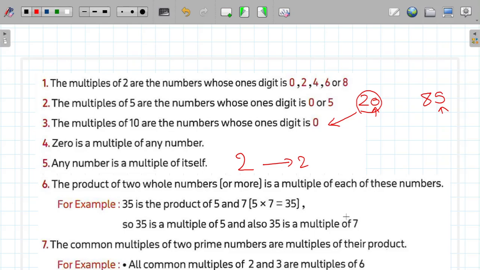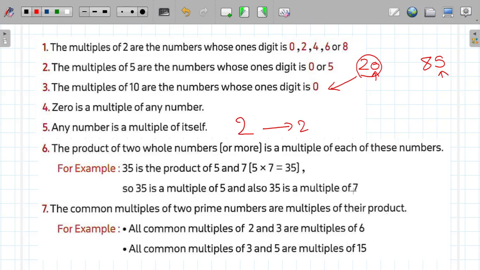Okay, and I can say too that 35 is a common multiple of 5 and 7. Next, the common multiples of two prime numbers are multiples of their product.